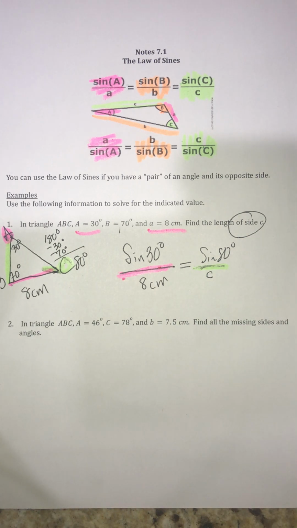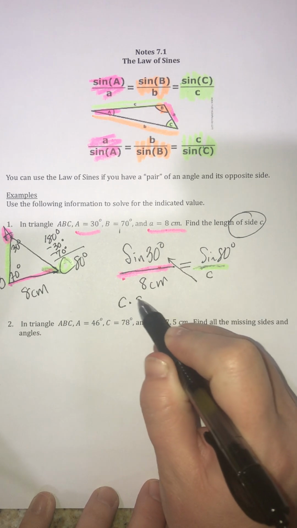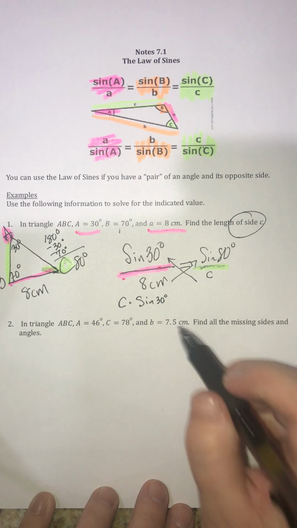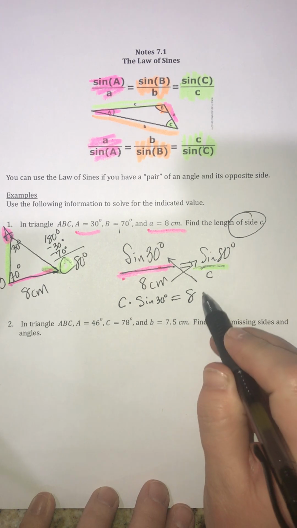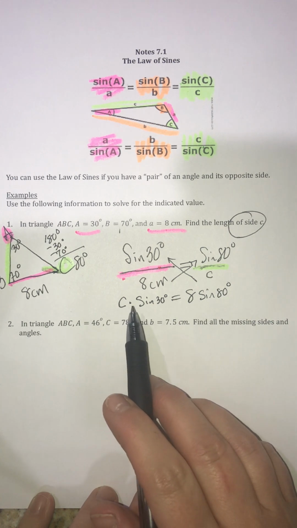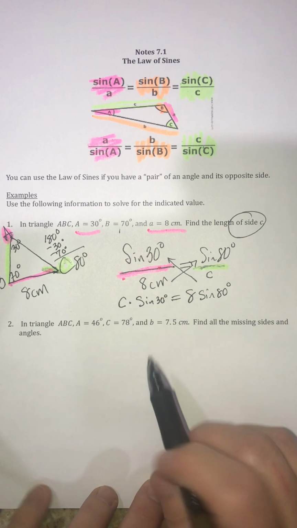At this point we are going to solve. Personally, I like cross multiplication, butterfly method as you call it, where the c will multiply by sine of 30 degrees, the 8 will multiply by sine of 80 degrees. And then I want to know what c is, so I will take this value and divide it by this value.